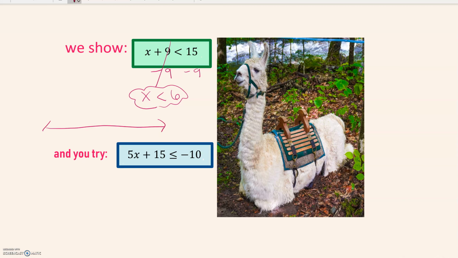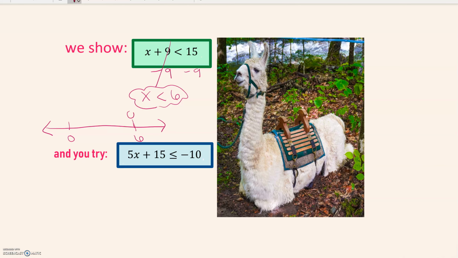So I'm going to make a number line. The best part about making a number line by yourself is you get to decide how to label it. I know that 0 is there, so I'm going to say that 6 is on this side of 0, and I'm labeling it as 6. Now it says that x is less than 6. Remember in our slides up above, we could use an open circle for that.